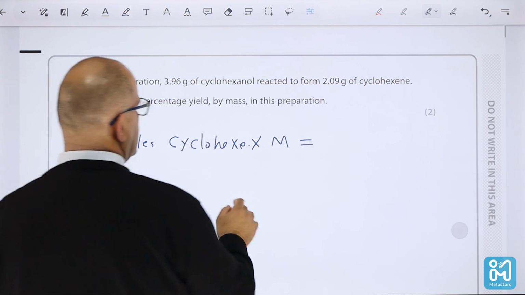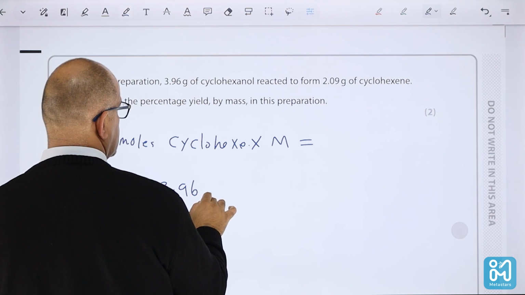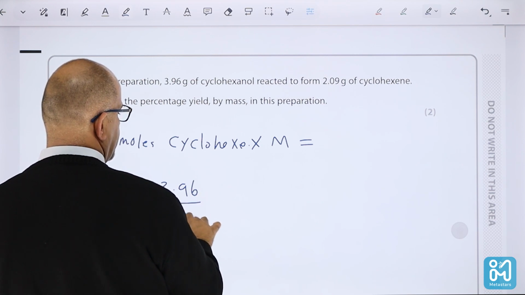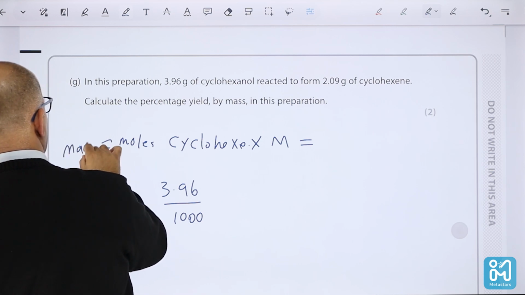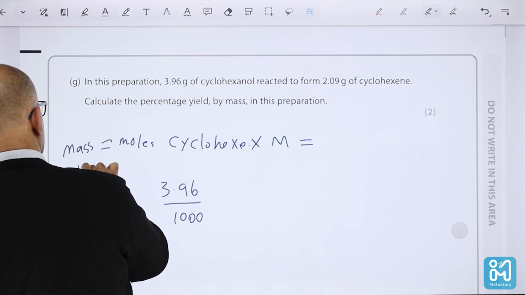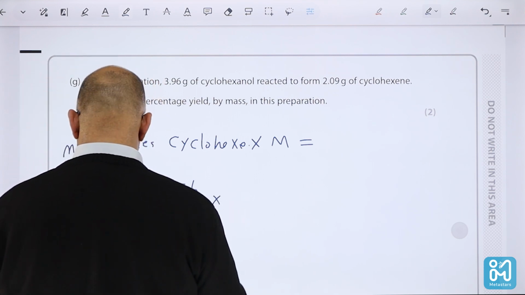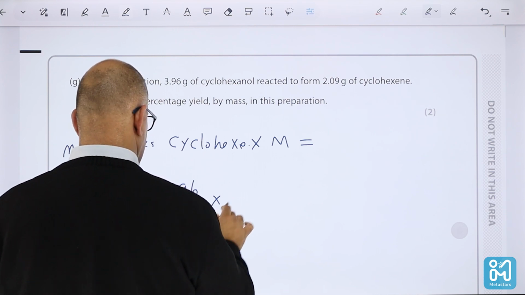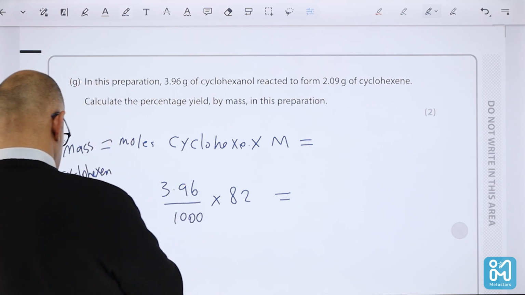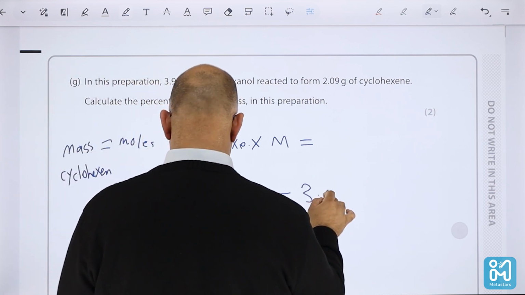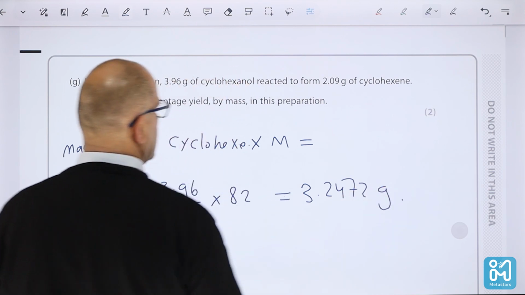Now, to find it, it's 3.96 over 100, that's the number of moles, times the molar mass of cyclohexene, which is 82. This will give us 3.2472 grams. That's very easy.